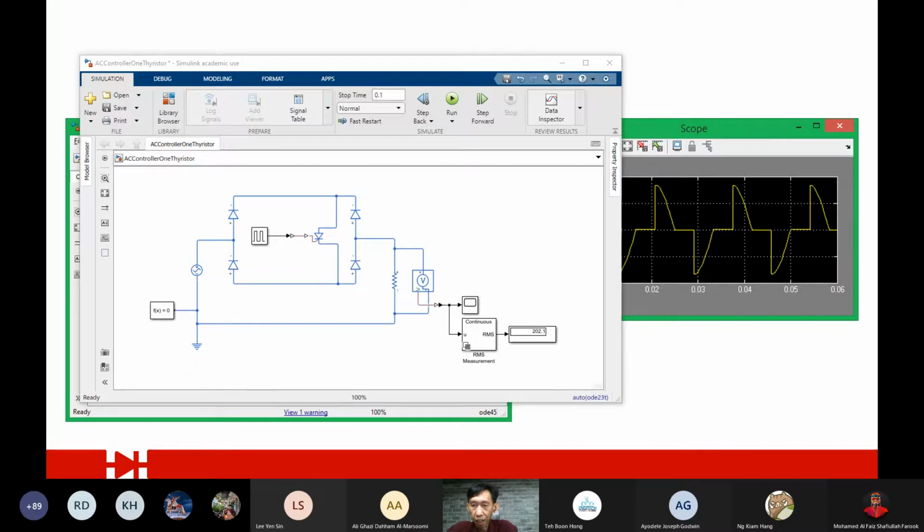Yes, they are different, of course. But like I said, nowadays those advanced AC controllers come with a PLL. The PLL will track the frequency and then track the phase. Then you shouldn't have any issue with the new PLL.